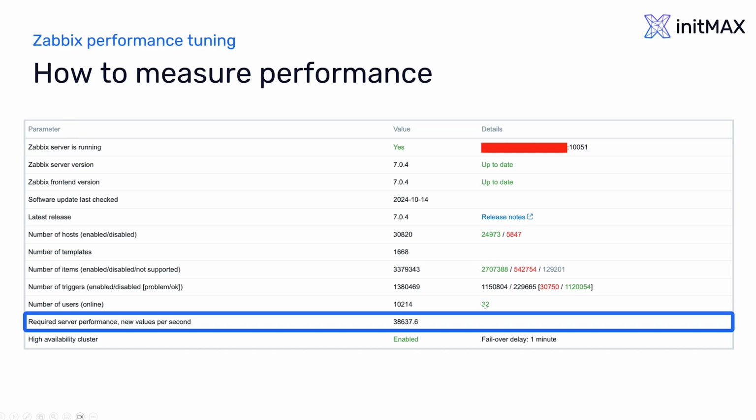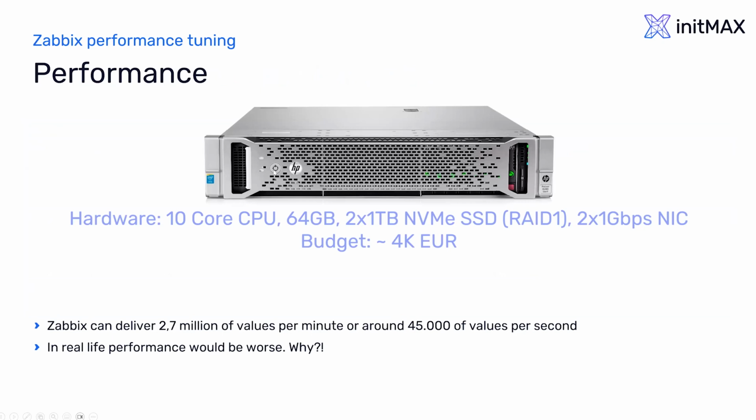But it's also important to understand that Zabbix gets better not only visually, but also internally. Each new version has some performance tuning in the code. Features run in a more optimized way, and you can get much better results with the same configuration and the same hardware. And talking about hardware, here is just an example: 10 core CPU, 64 gigs of memory, NVMe SSDs.